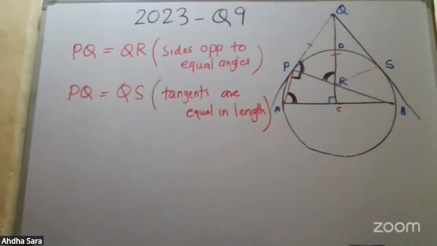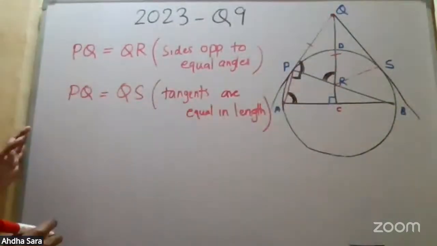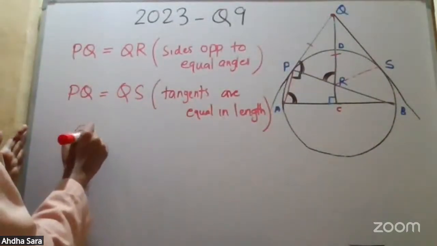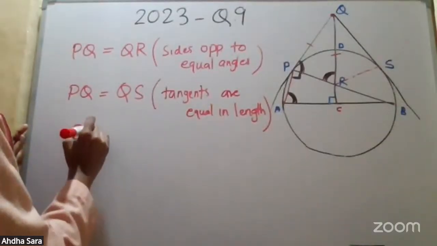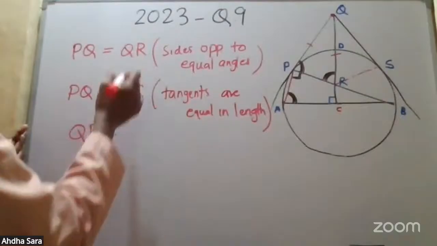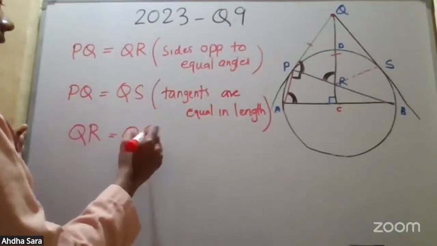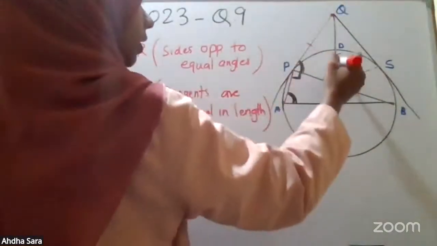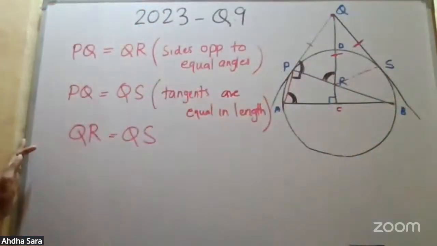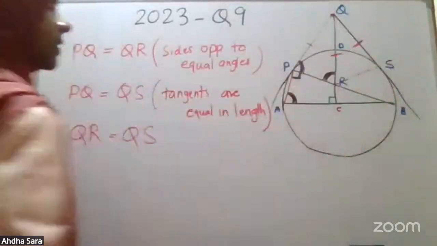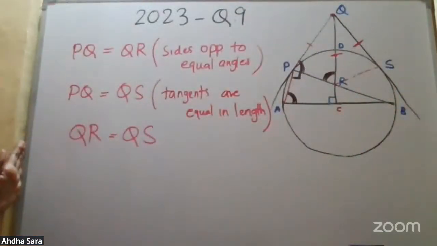Now we can say the side QR is equal to the side QS. Now we have proved two sides of this triangle are equal.